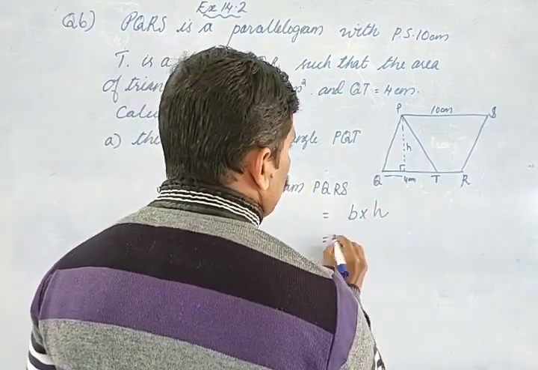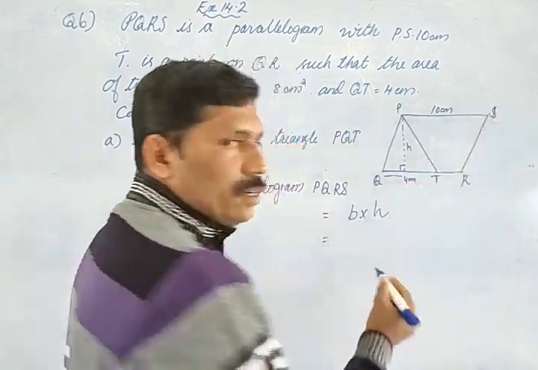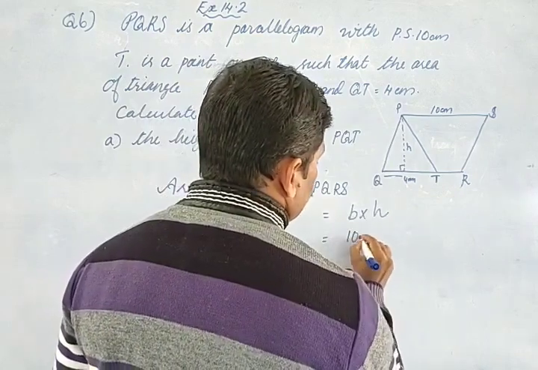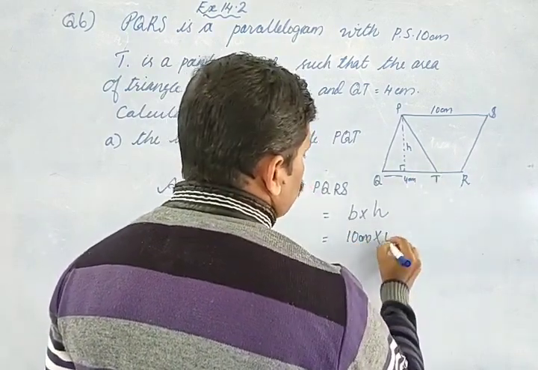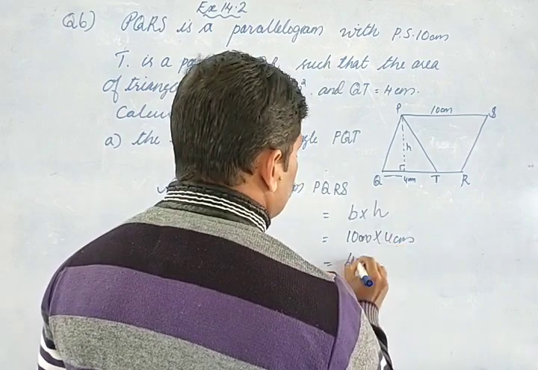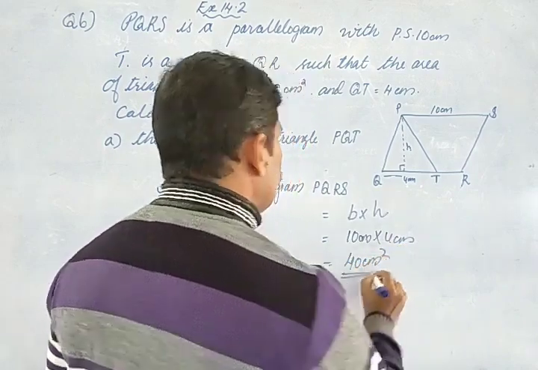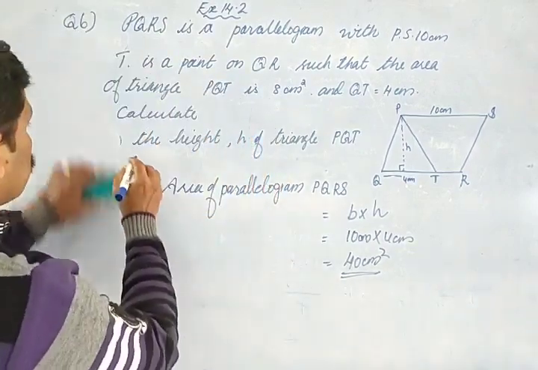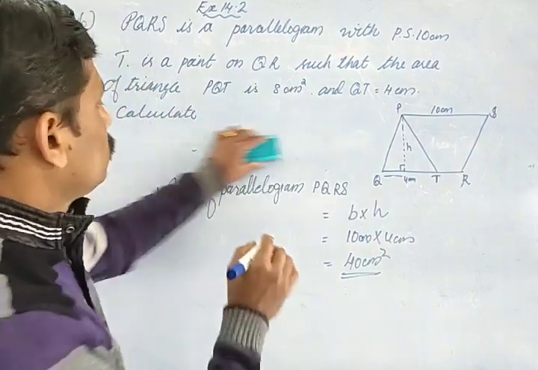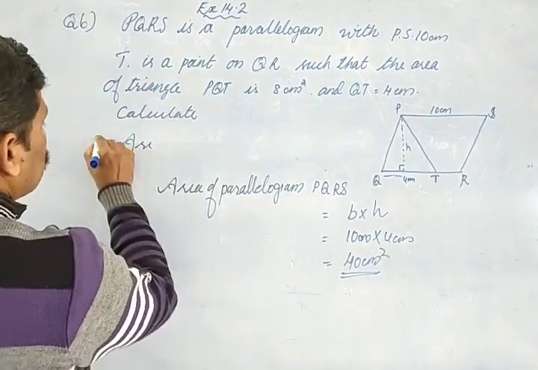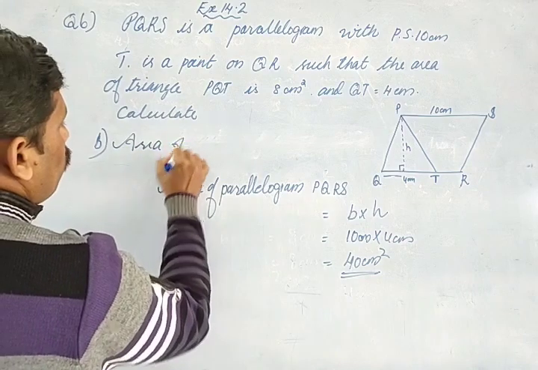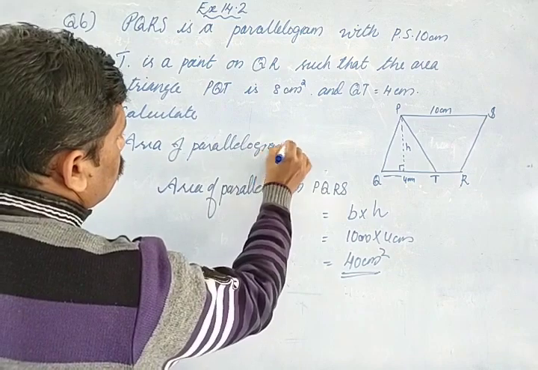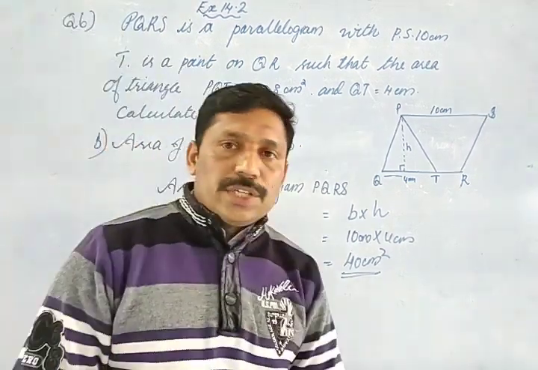Base: if this side is 10 centimeter, then QR is also 10 centimeter. Therefore, base is 10 centimeter into height 4 centimeter, that is equal to 40 centimeter square. So 40 centimeter square is the area of this parallelogram. That is the answer of the second part. B. Area of parallelogram is equal to 40 centimeter square.